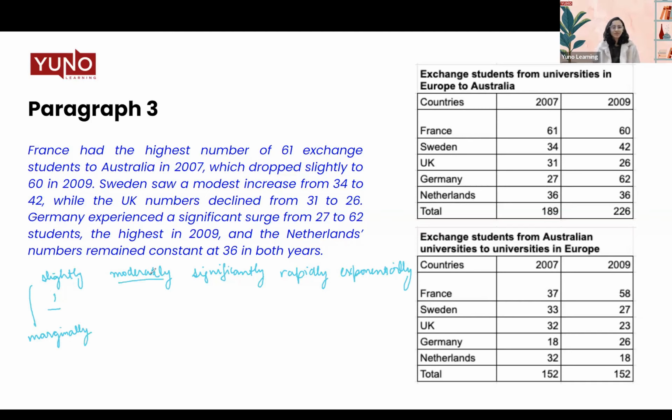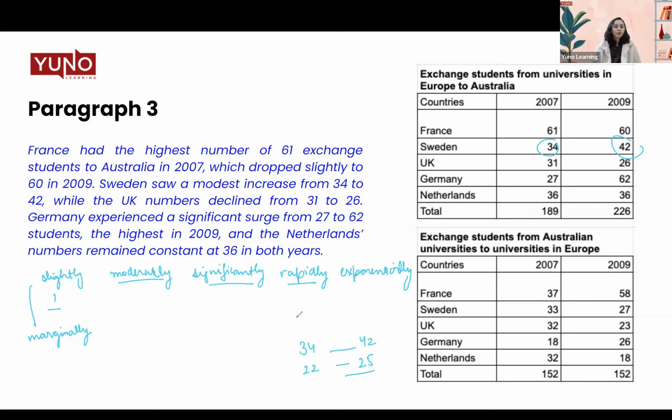Moderately is something of moderate value, relatively. So if 34 to 42 is the highest gap in our particular data, then 22 to 25 is moderate.